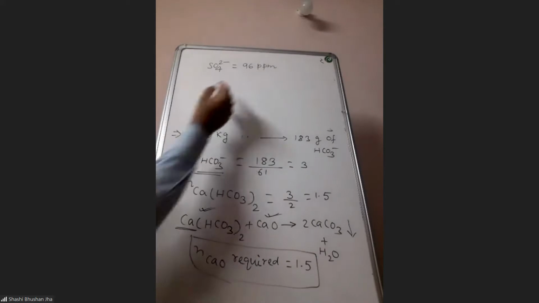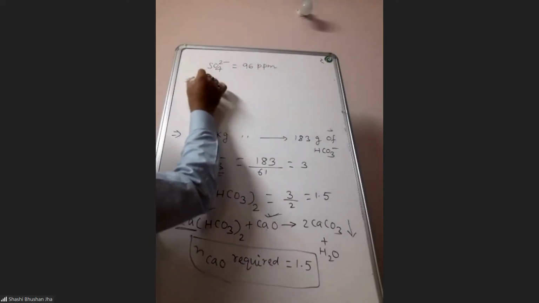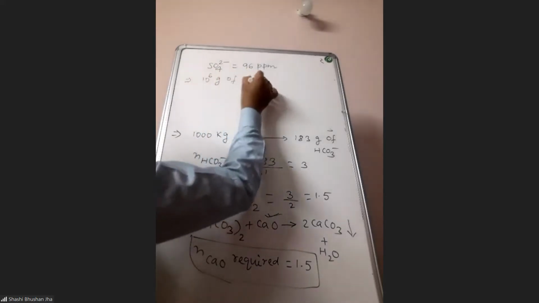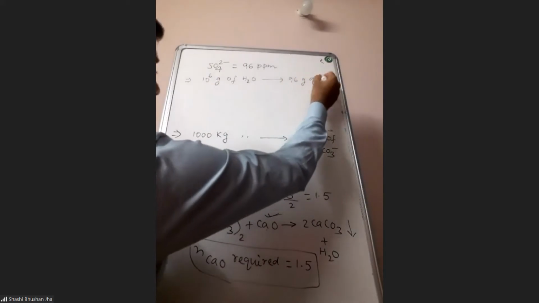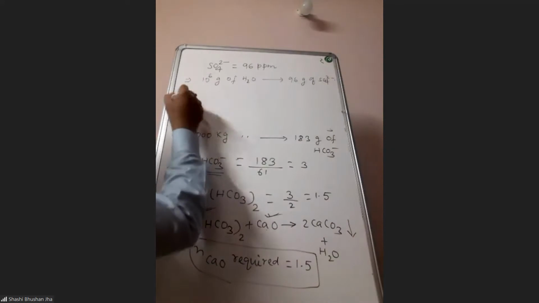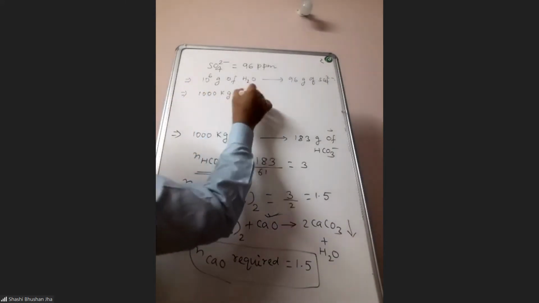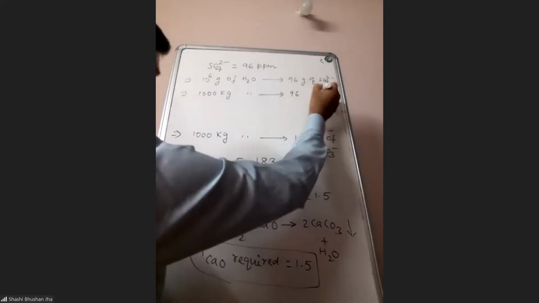So sulfate is 96 ppm. That means 10 to the power 6 gram of hard water will contain 96 gram of sulfate, or 1000 kg of hard water will contain 96 gram of sulfate.